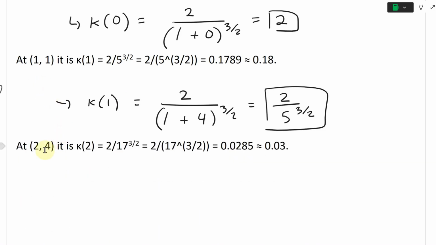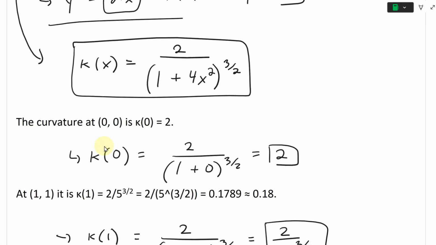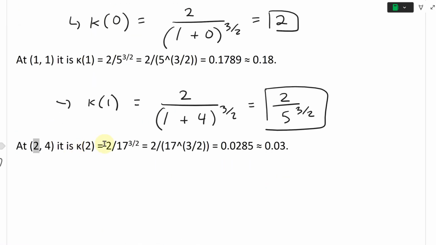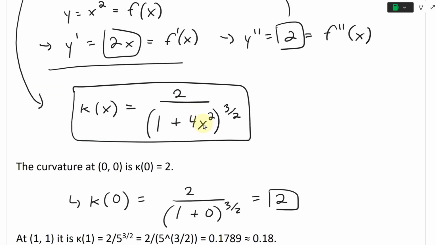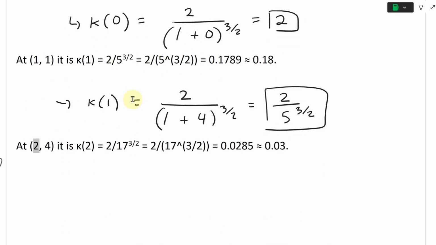All right, so at 2, 4, well, x is 2, and this is a function of x, so we just plug in 2 in there. So kappa of 2 is equal to 2 over 17. That's because 4 times x squared, so 2 squared is 4, times 4 is 16, and then plus 1 is 17. So in other words, I'll just write this, and then we'll calculate it. So this is going to be the kappa of 2.